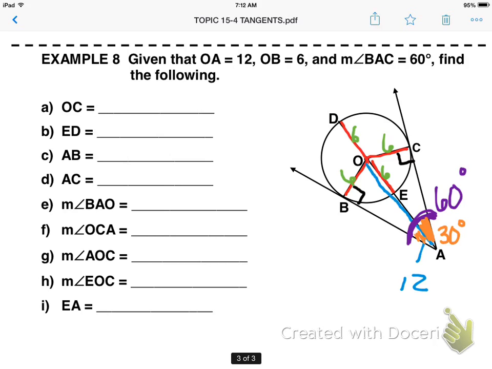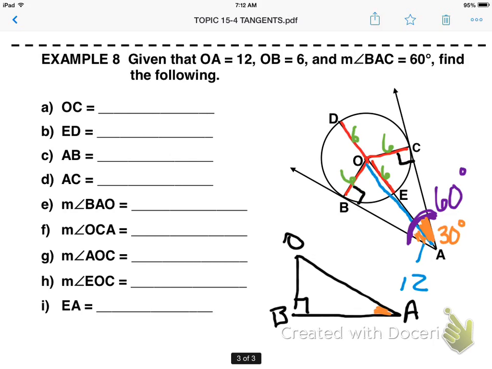So I'm going to pull out triangle BOA so we can look at it separately. And you may want to too when it comes to test and everything. Okay, so we know that this part is 30 degrees.